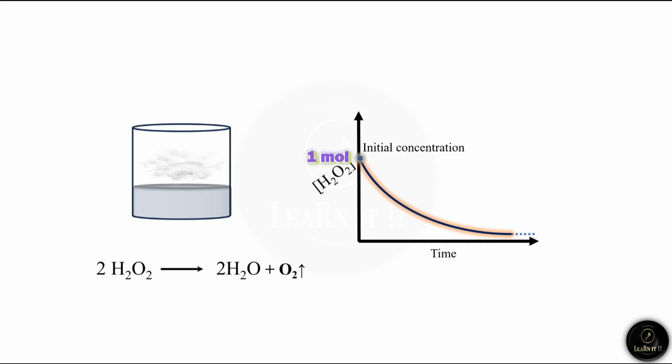Here the students must consider that we have not taken the concentration of hydrogen peroxide to exactly 0, because we know there will be equilibrium concentration. So hydrogen peroxide cannot be 100% converted to water and oxygen at a certain temperature.